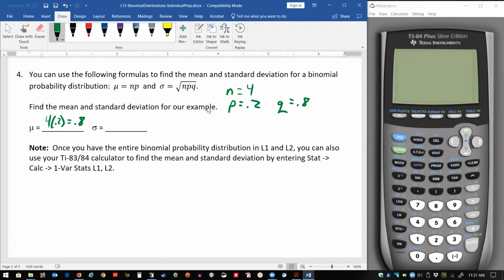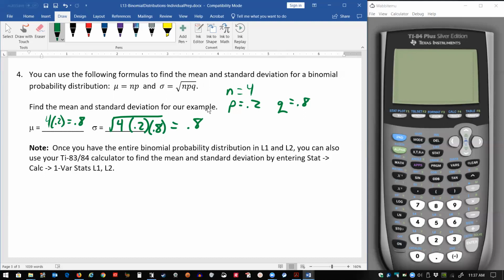So I can plug that into our formula for standard deviation and do the square root of 4 times 0.2 times 0.8. That's not too bad, a lot more convenient than the general version that I gave you in the previous lesson. So 4 times 0.2 times 0.8, and you do the square root of that, and you end up with 0.8. They don't always match, but in this case, they ended up matching.